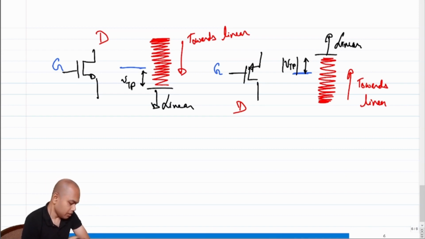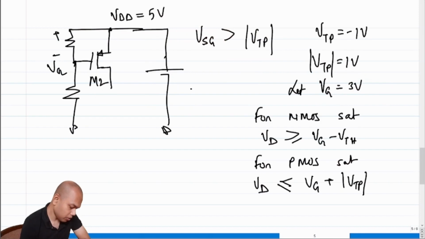Okay, fine. If that is the case, let's say this is 3 volt. Let's say we figured out that this is 3 volt. What is the maximum value of the drain voltage of M2 till which the transistor will be in saturation?